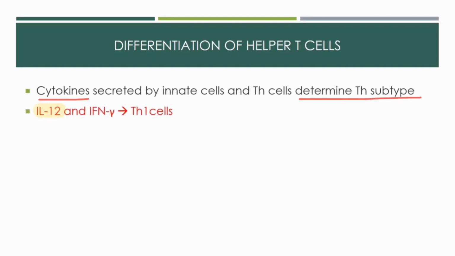IL-12 is one of the cytokines released by macrophages we talked about back in our innate immunity lecture, and together with interferon gamma, secreted by natural killer cells, produces a Th1 predominant response. Importantly, Th1 cells themselves secrete interferon gamma to promote their own differentiation in an autocrine fashion.